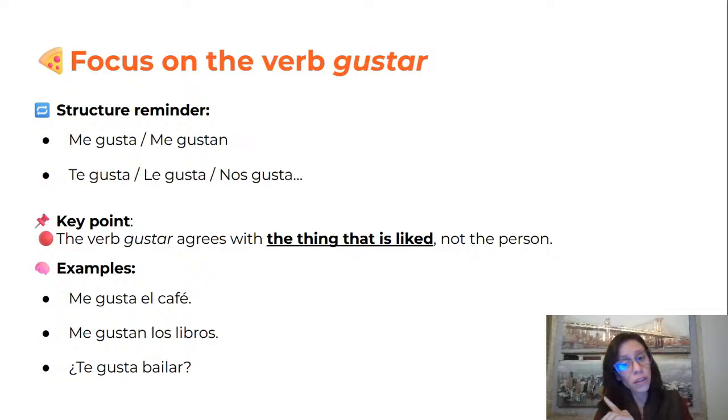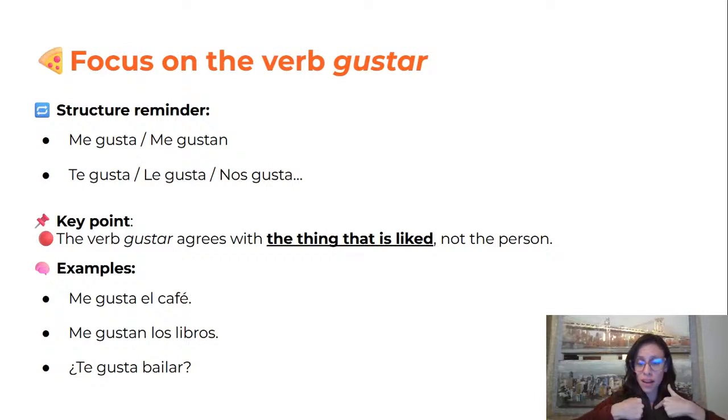If we like more than one thing, we will use gustan. And these two are the only conjugations we need to translate the verb like, in terms of liking something, okay? Gusta applies for singular, gustan applies for plural.